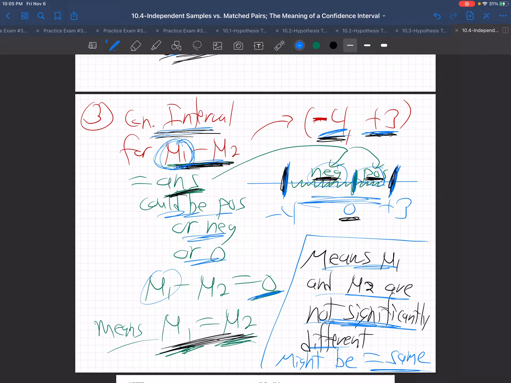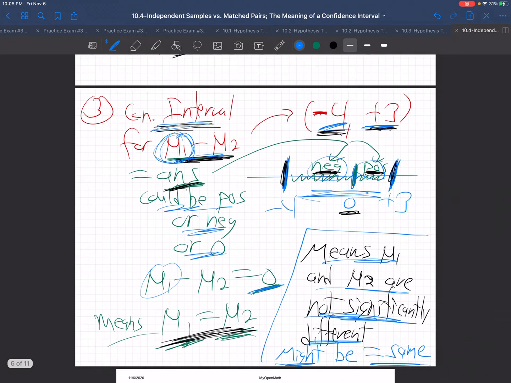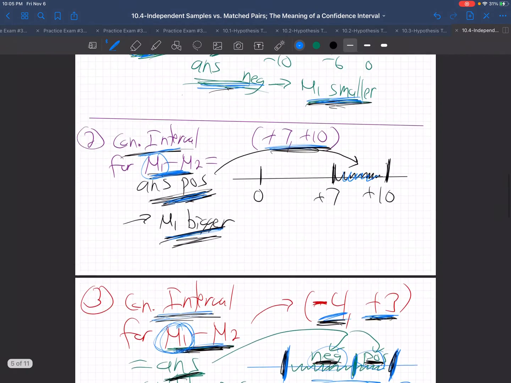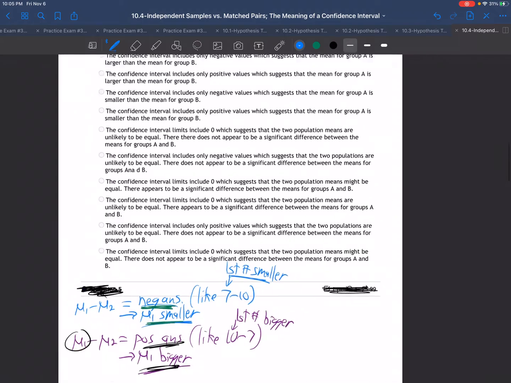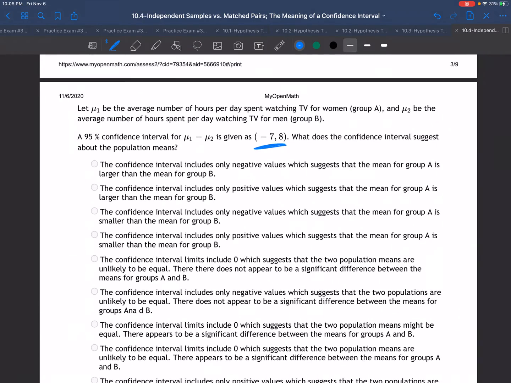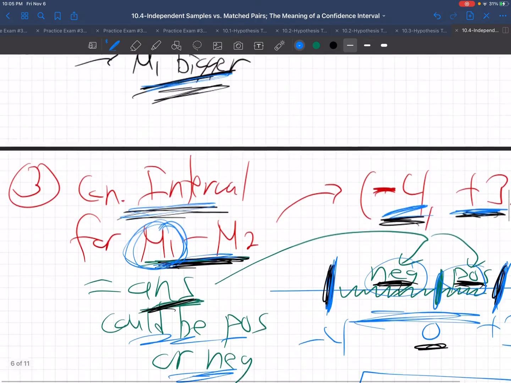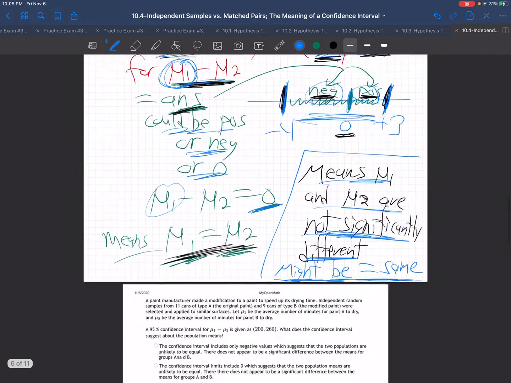There's just not any significant difference. Those numbers might basically be the same, or close to the same. They're not significantly different. So what's our case here? The confidence interval has negatives and positives. That means not significantly different.